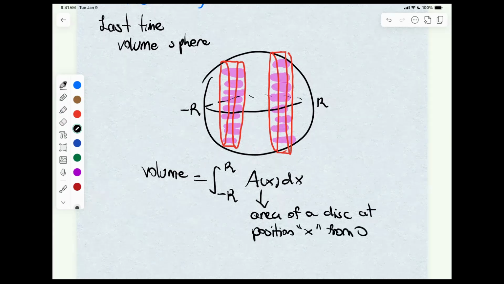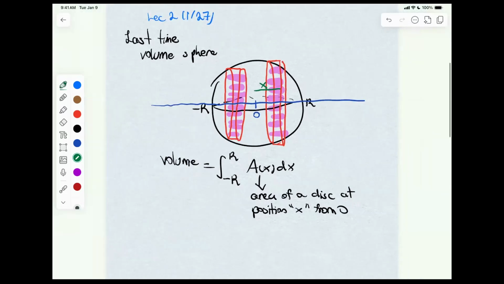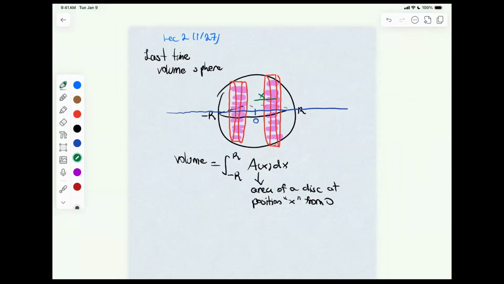If you think of the x-axis as passing through the sphere, here you have 0, and this disc is at distance x from 0. There are other ways to set it up, but that's a convenient way to do it.